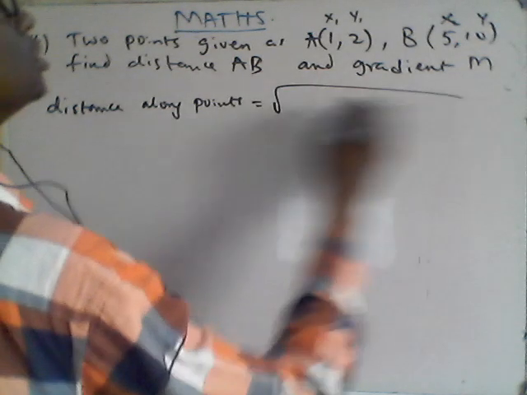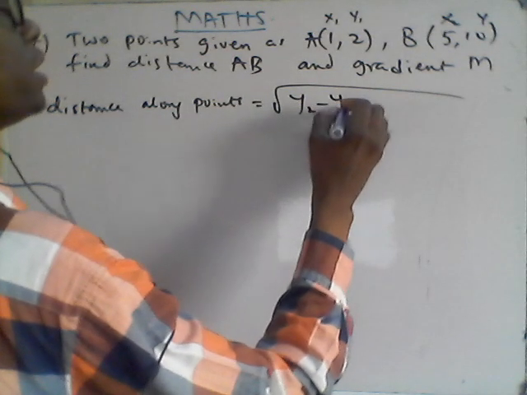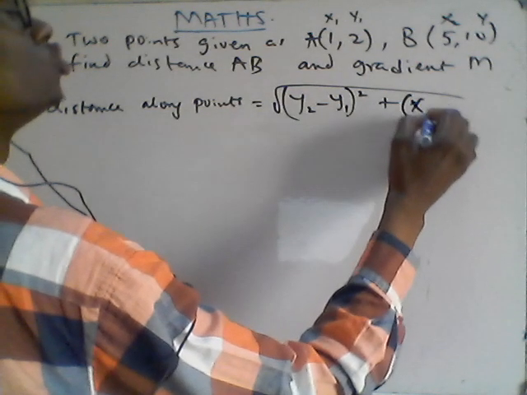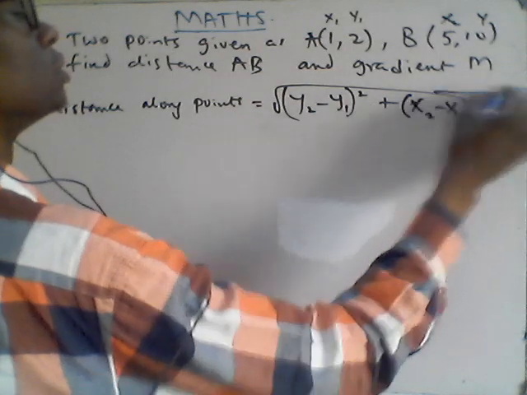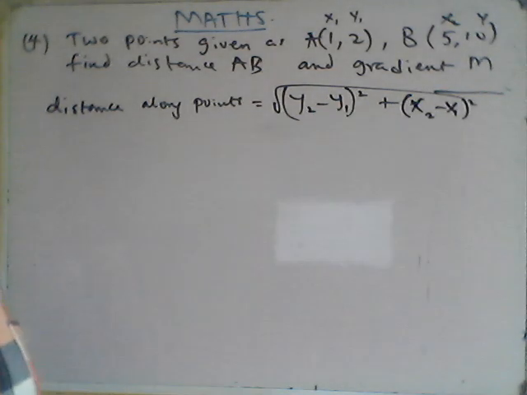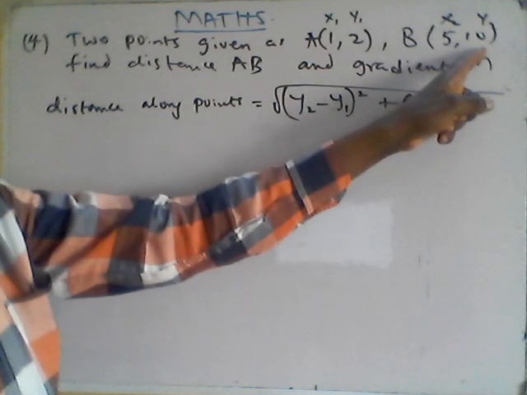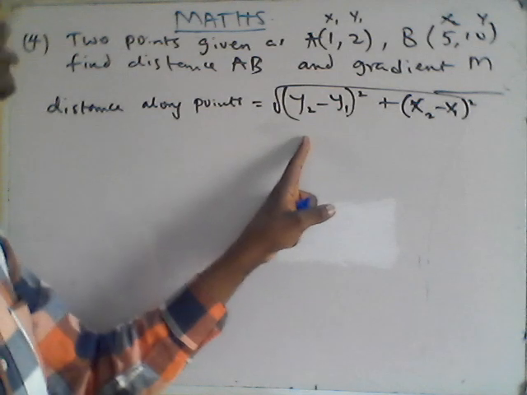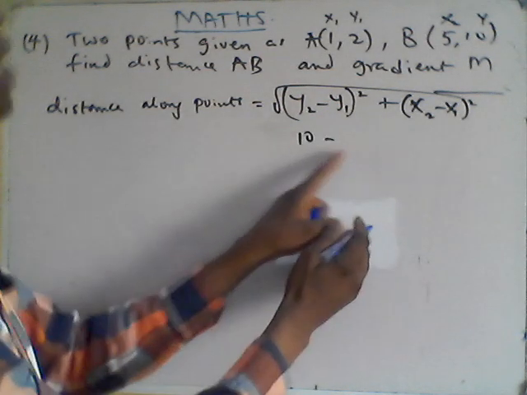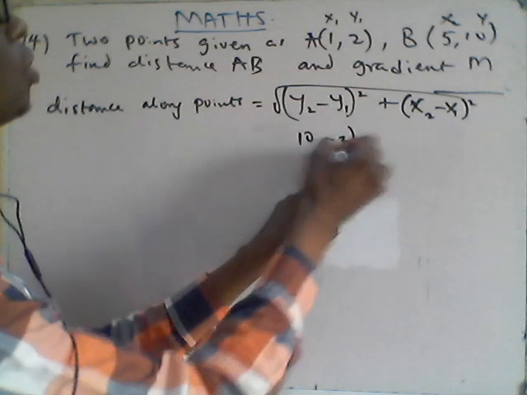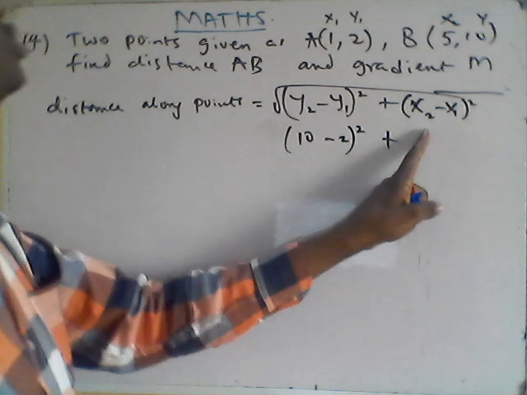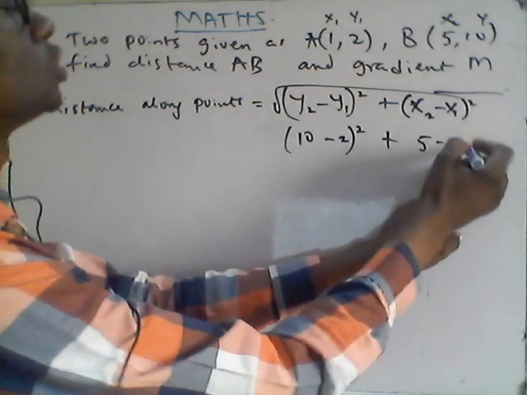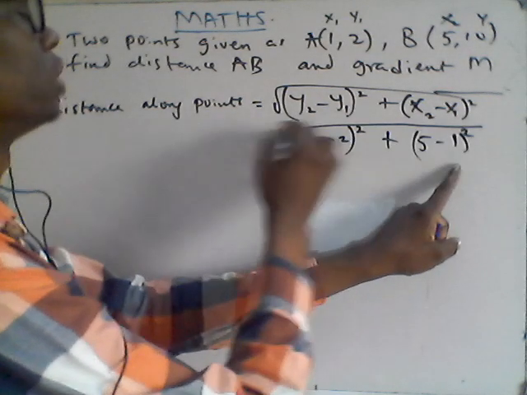It is a difference: y2 minus y1 all square plus x2 minus x1 all square. We're looking at the difference between the 2 points. So y2 is 10. Okay, so I will say 10 minus y1, which is 2, all square plus x2, which is 5 minus x1, which is 1, all square, then square root.